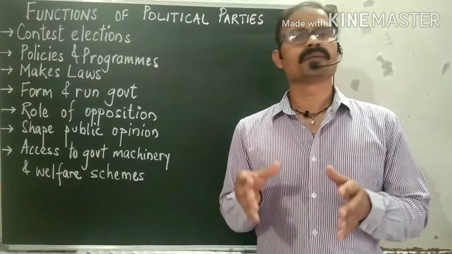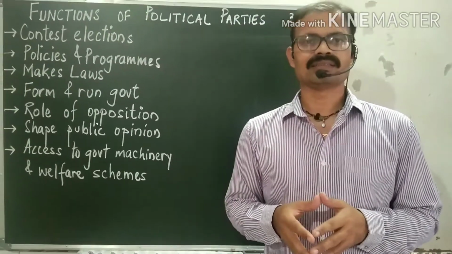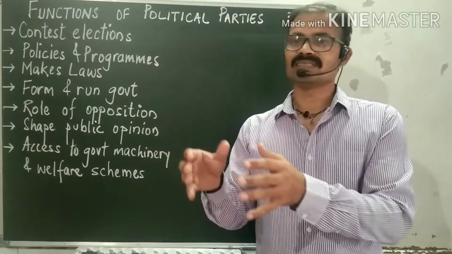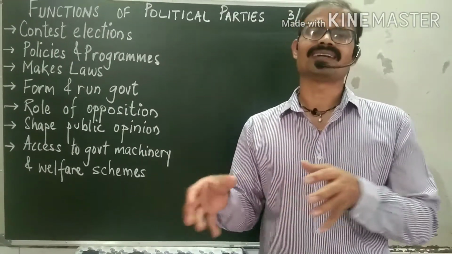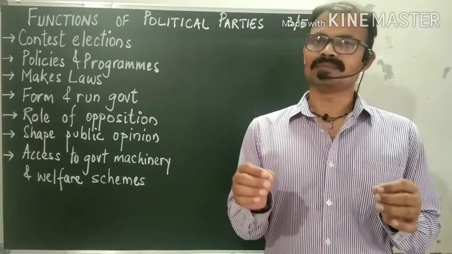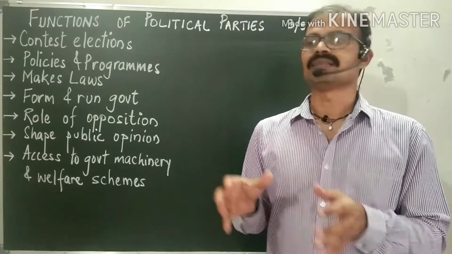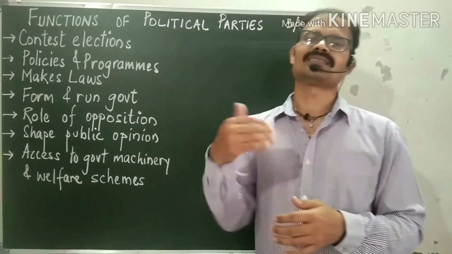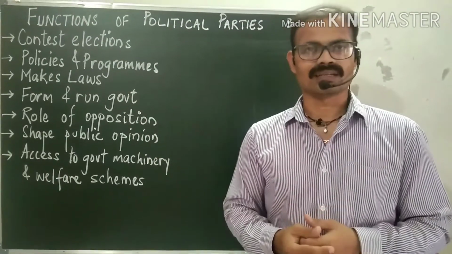So it is the political party that needs to go to the people, we can say house to house, and help them to get the benefit of those schemes and policies. And the party that does this type of work gets the benefit in the next election.